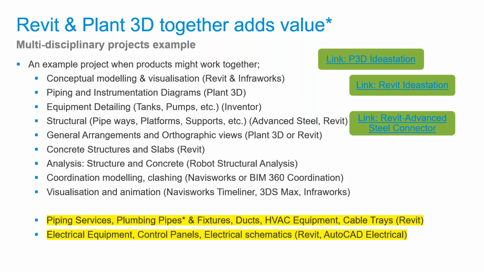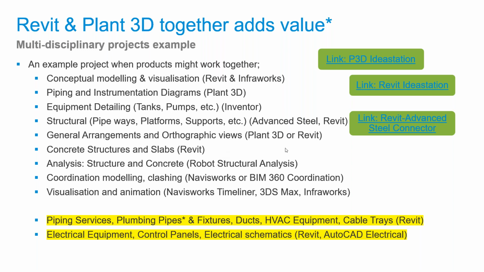The way to go is to use either Revit to model your cable trays in a plant project, or to use a third-party app available from the Autodesk App Store. The Revit Advanced Steel connector, you have also a link here that is available. You can have a look at that.